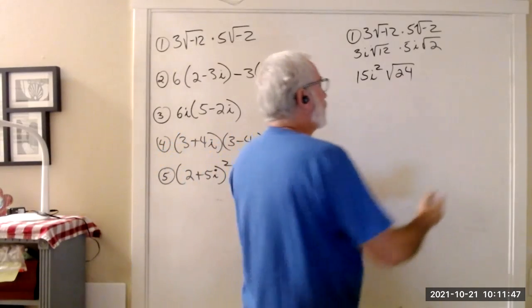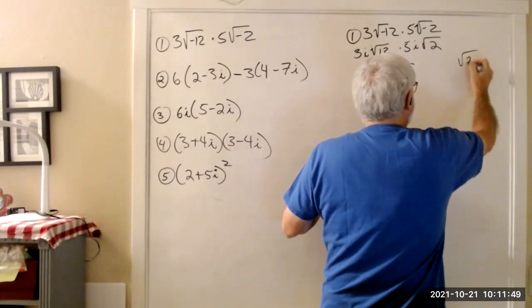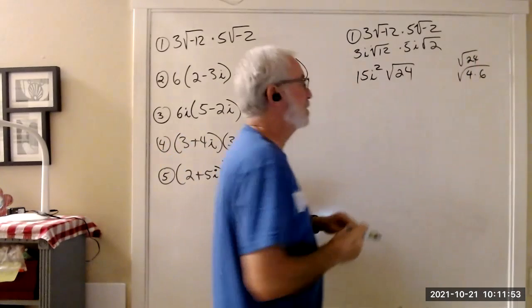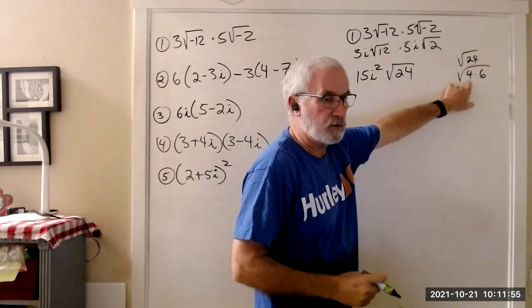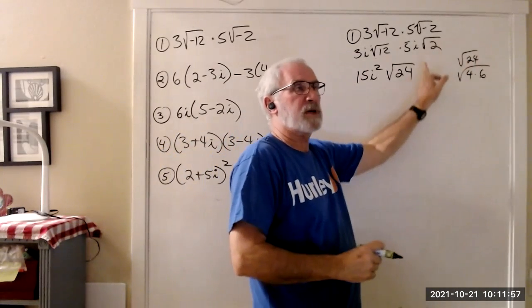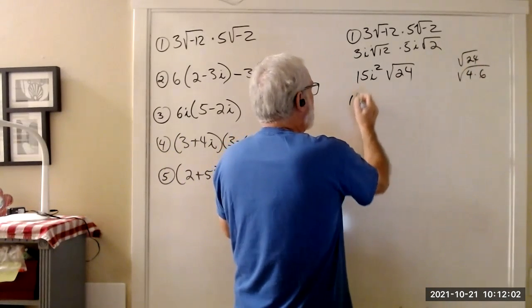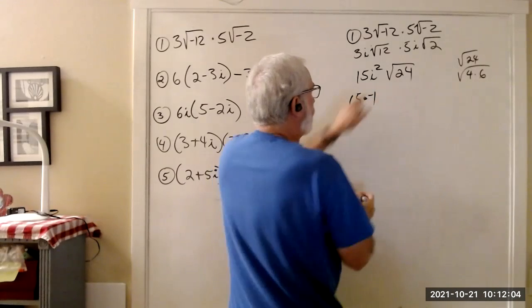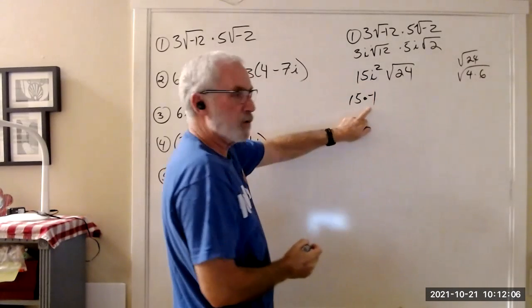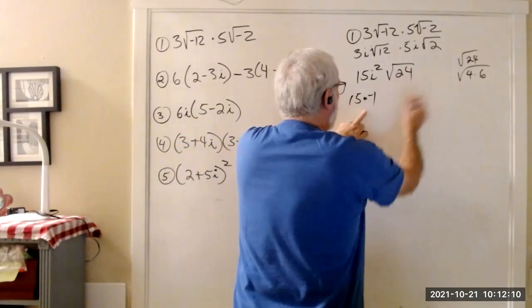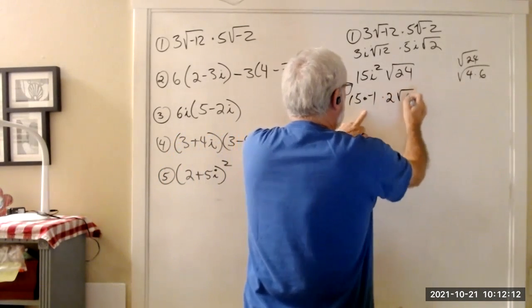If you don't, the square root of 24 is 4 times 6. You can take the 4 out, but when the 4 comes out, it comes out as a 2. So we have 15 times the -1, because i squared is worth -1. 24 became 2 radical 6.